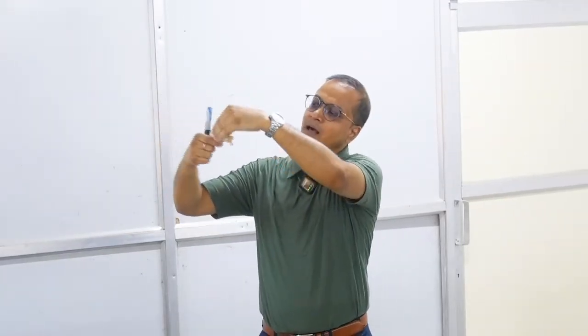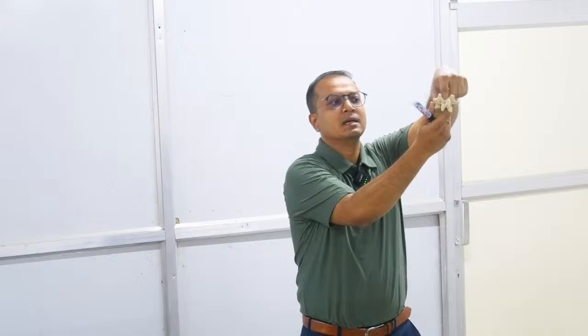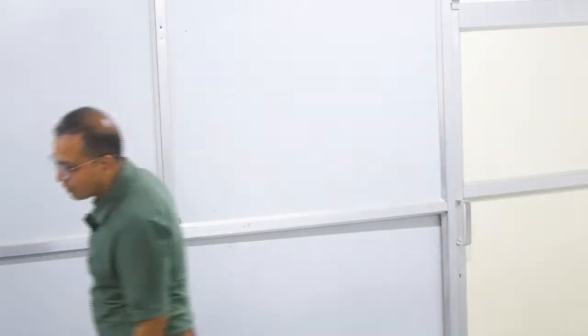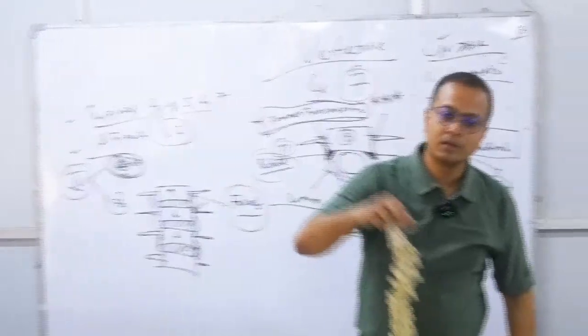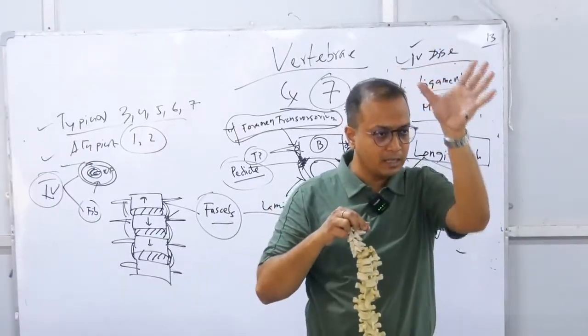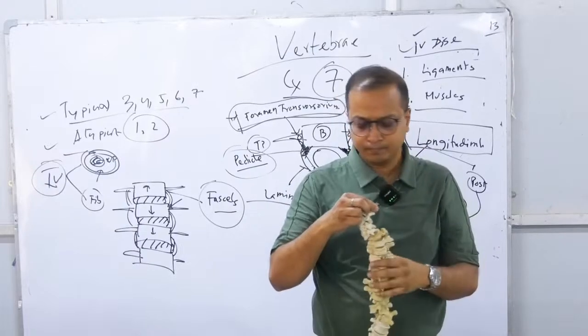If the ligament is placed in here, behind the vertebral body, we call it the posterior longitudinal ligament. We call them longitudinal ligaments because they run along the length of the vertebrae, anterior to the body and posterior to the body.